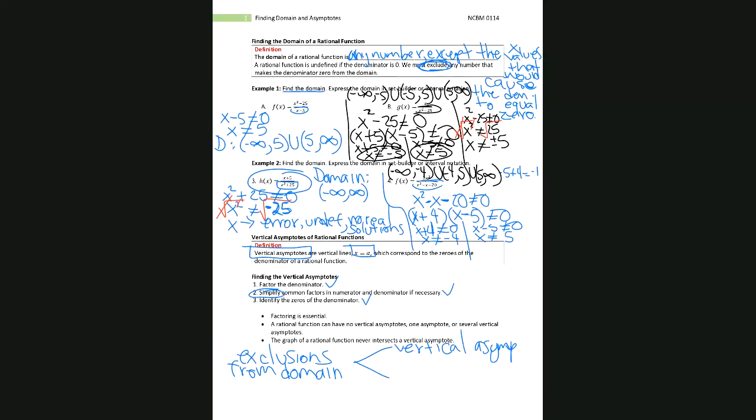However, if we're able to cancel something from the equation, we are going to get an open circle, or we call them holes, or it could also be referred to as a discontinuity. And that will occur whenever we're able to cancel things out. So let's get to the examples. I'm going to go to the next page.